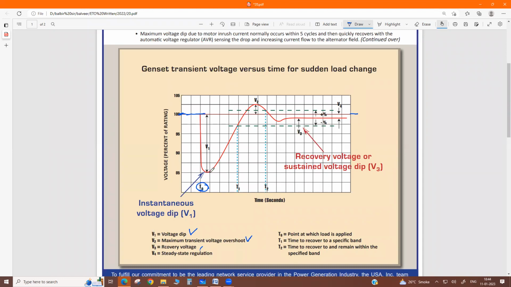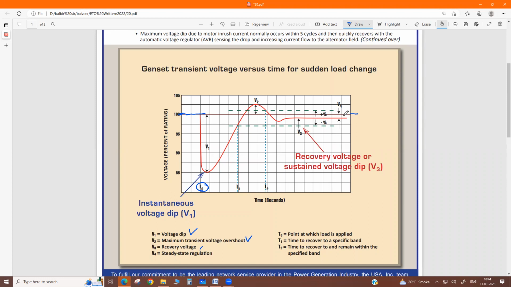Then a maximum dip to 85%, so at least 85% voltage is available at the motor terminal. Then it recovers and overshoots with V3. Then it goes down and stabilizes at the steady state value. So V4 is the steady state voltage regulation.